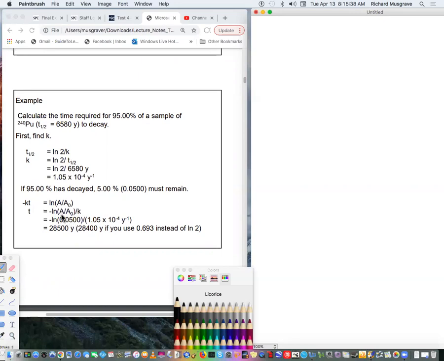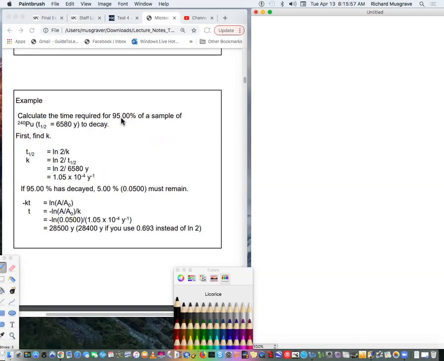In this part, a over a0 represents what's remaining, but look at the question and look at the wording of it. It says 95.00% of a sample to decay. So if 95.00% has decayed, that has gone away, then 5.00% must be what's remaining.